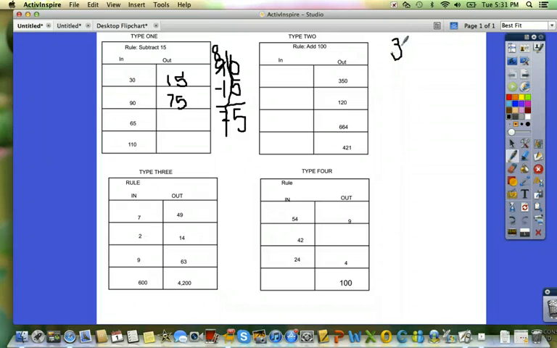So 350 minus 100, equals 250. 0 minus 0 is 0, 5 minus 0 is 5, and 3 minus 1 is 2.